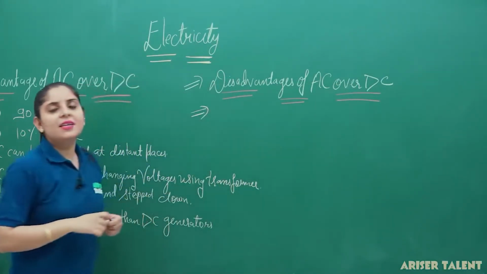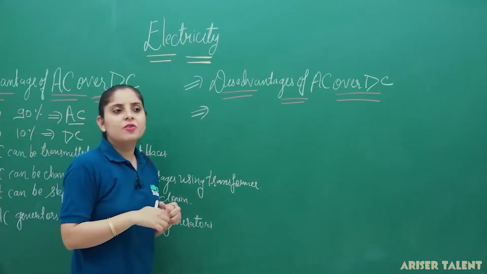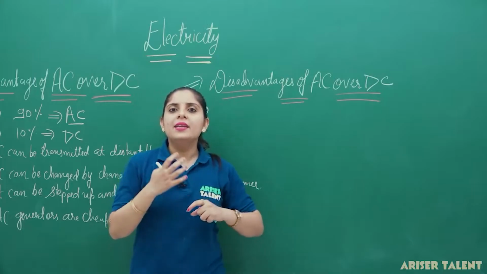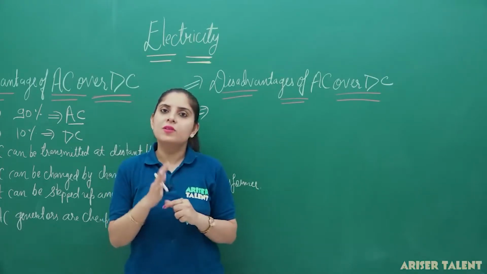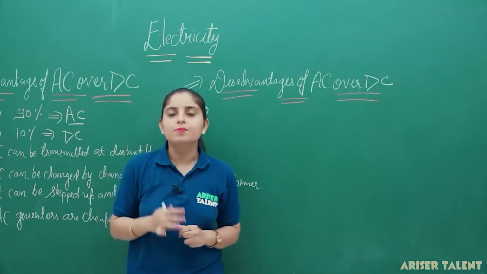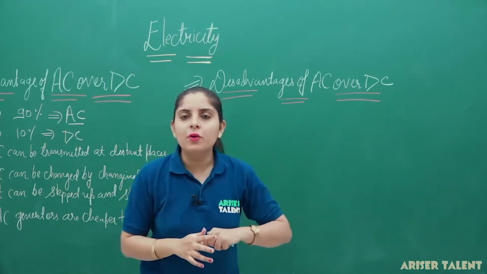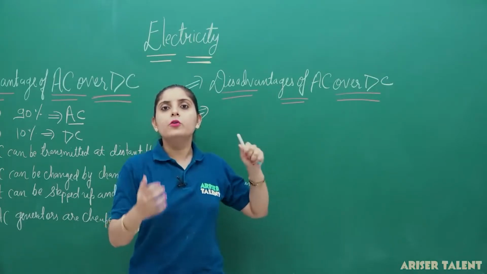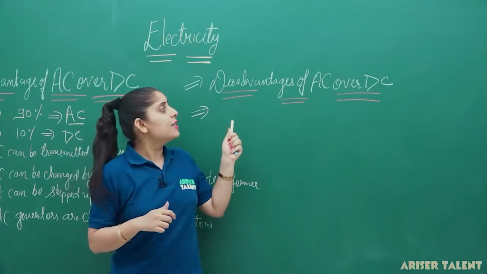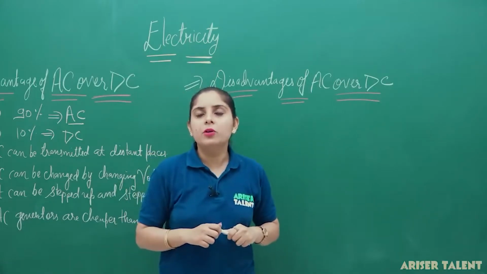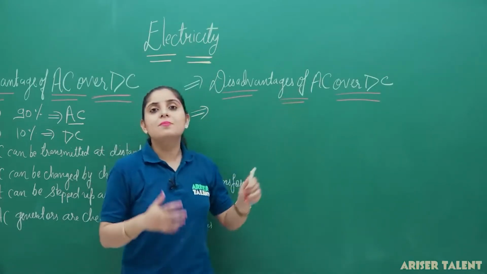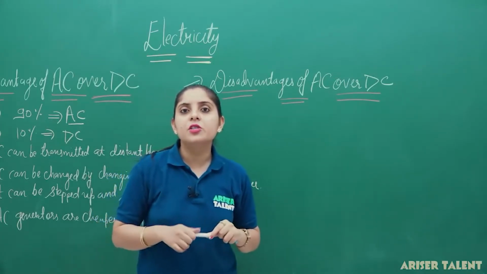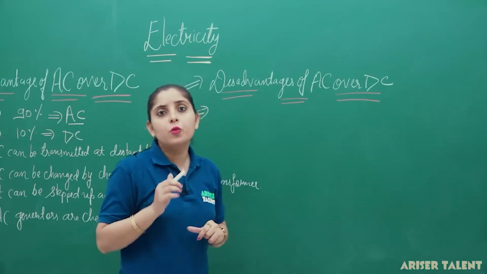The first disadvantage is that the processes we are generally using, like electrolysis, electroplating, or any other refining form, cannot be used with AC, but can be used with DC. Second disadvantage of AC over DC is that AC will cause more harm as compared to DC, because this current is much more hazardous, as it is operating at a frequency of 50 Hz and a voltage of 220 volt.